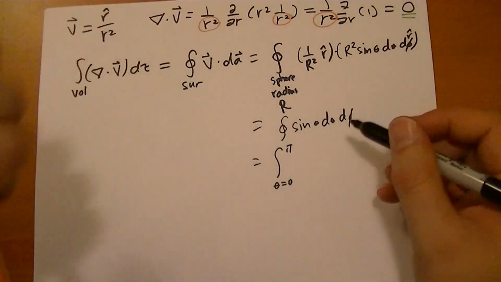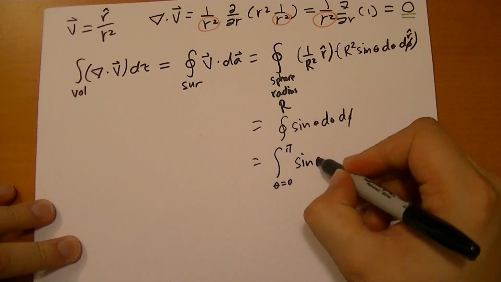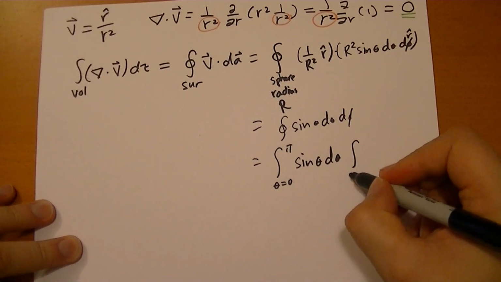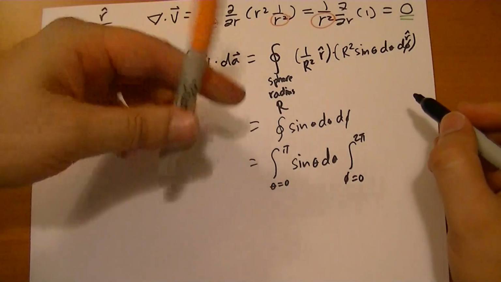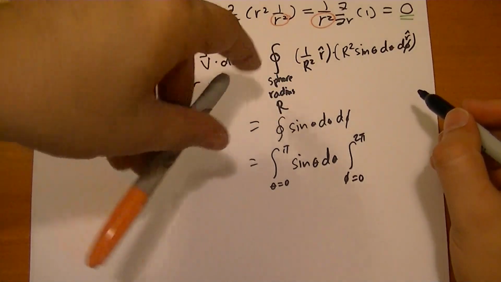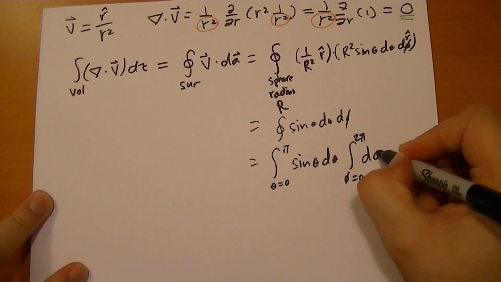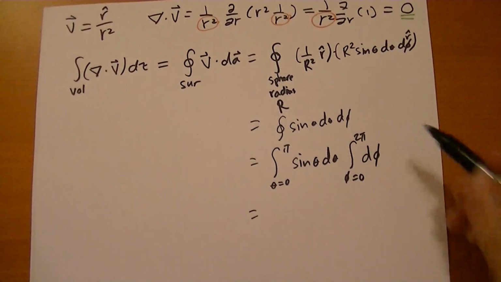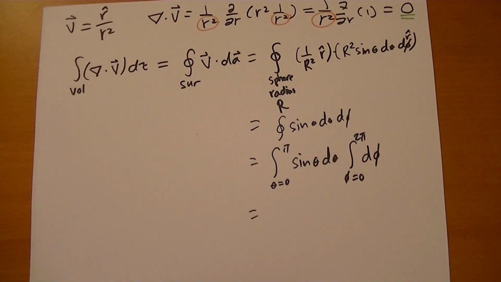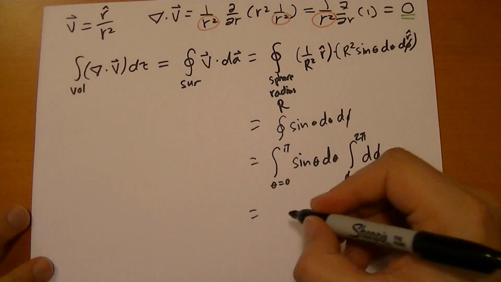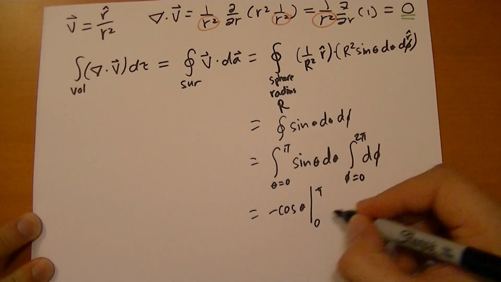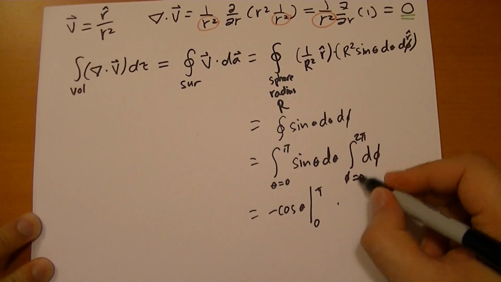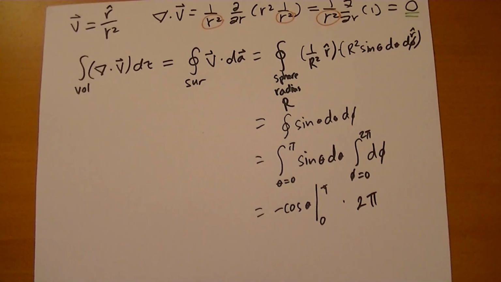So we're not going to wrap around. We're not going to take a double sphere. Sine theta d theta, and the integral of phi equals 0 to 2 pi, because phi represents how far around. That's a whole circle that you can spin that thing around, a whole circle of d phi, right? So the derivative of sine is a cosine, the derivative of cosine is negative sine, so this is negative cosine theta evaluated between pi and 0, and this is 2 pi.